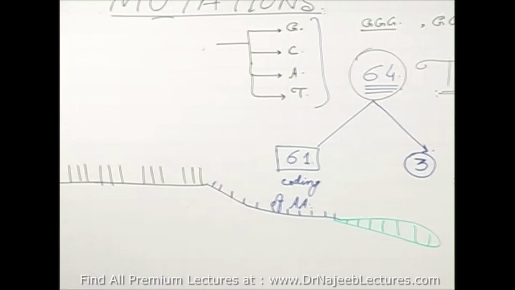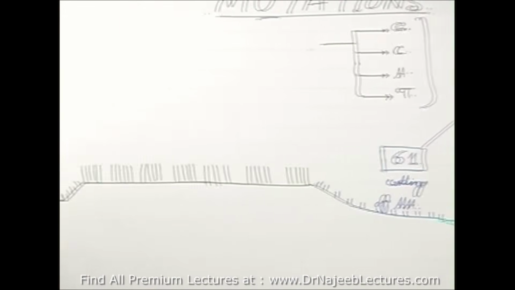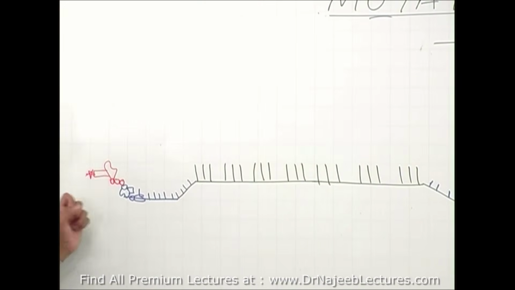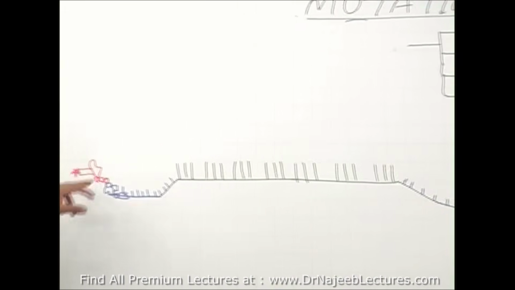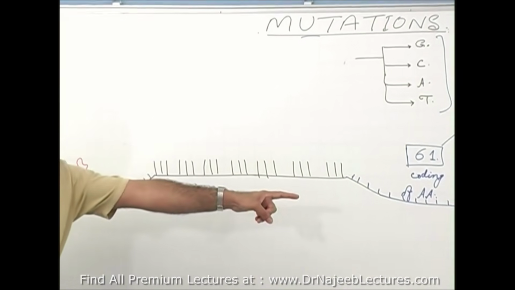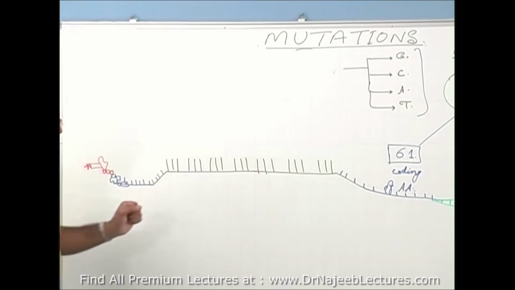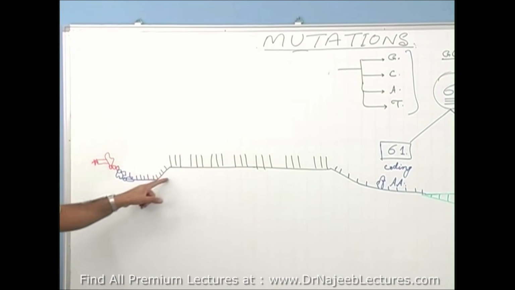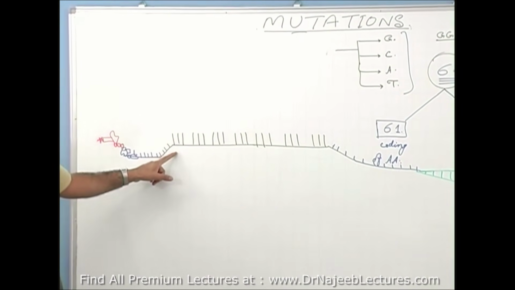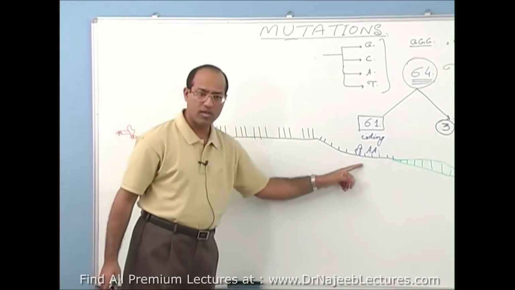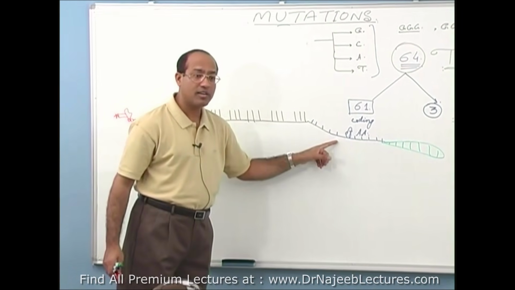You remember this basic structure of a mature messenger RNA. This is the 5' end, that is the 3' end, right? And this is the leader sequence which is not translated. This is the trailing sequence which is not translated.